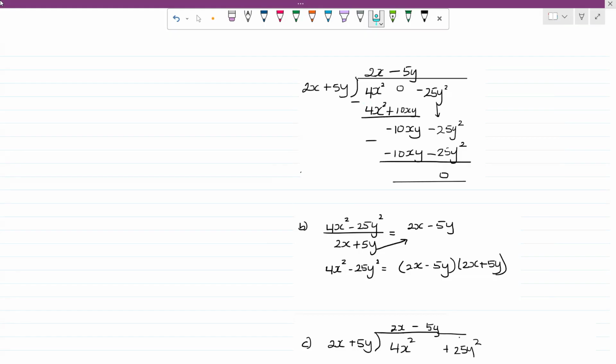Now, there's a term that will be missing in the middle. When we multiply 2x by 5y, we get an xy term that is not explicitly stated in the question, because the question is the difference of two squares, right? 4x squared and minus 25y squared would suggest that we have the difference of two squares happening there.